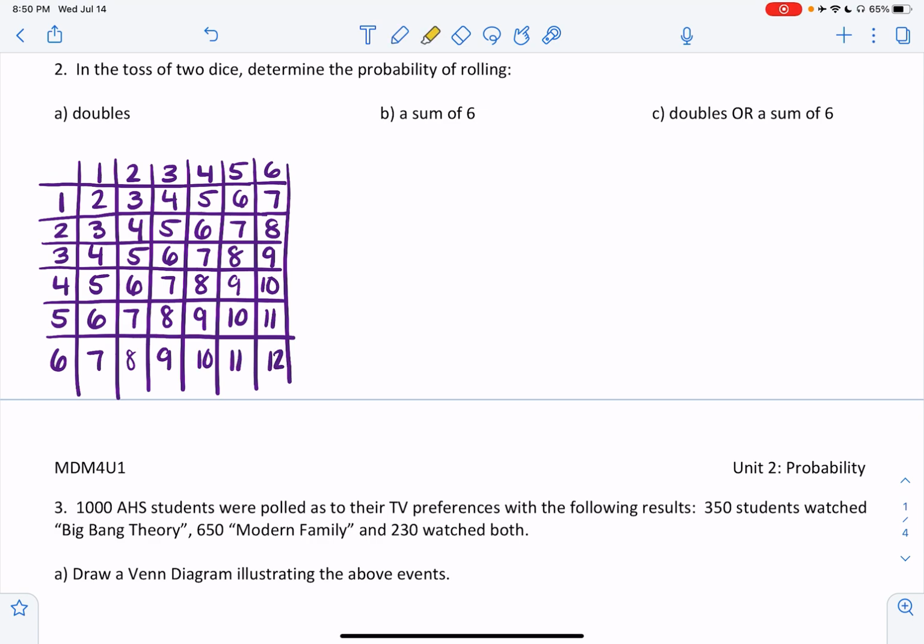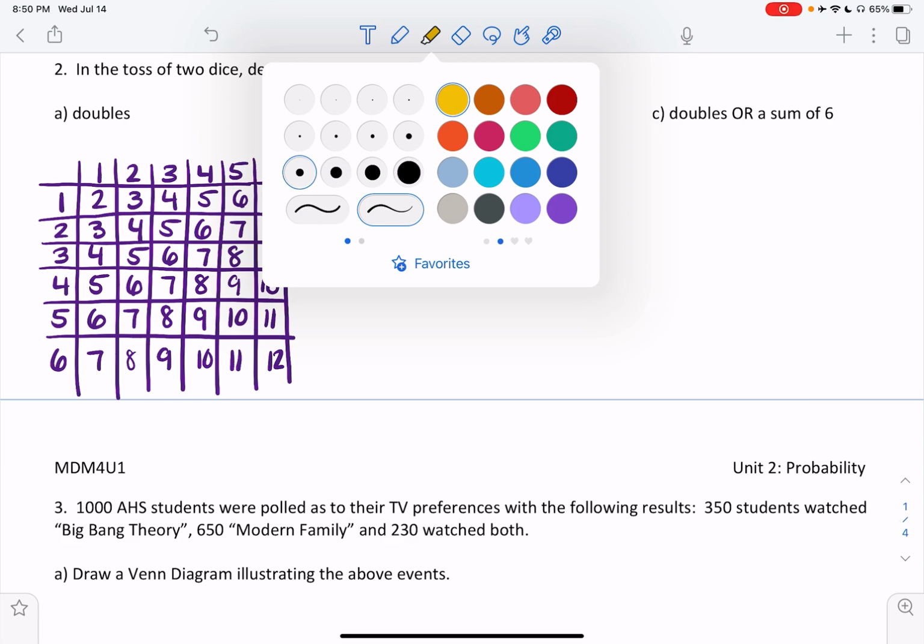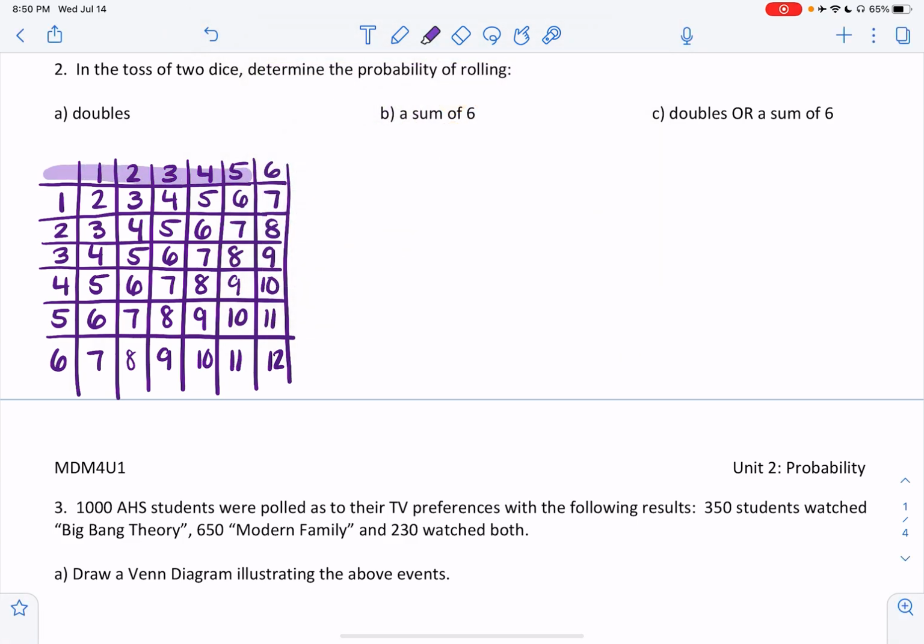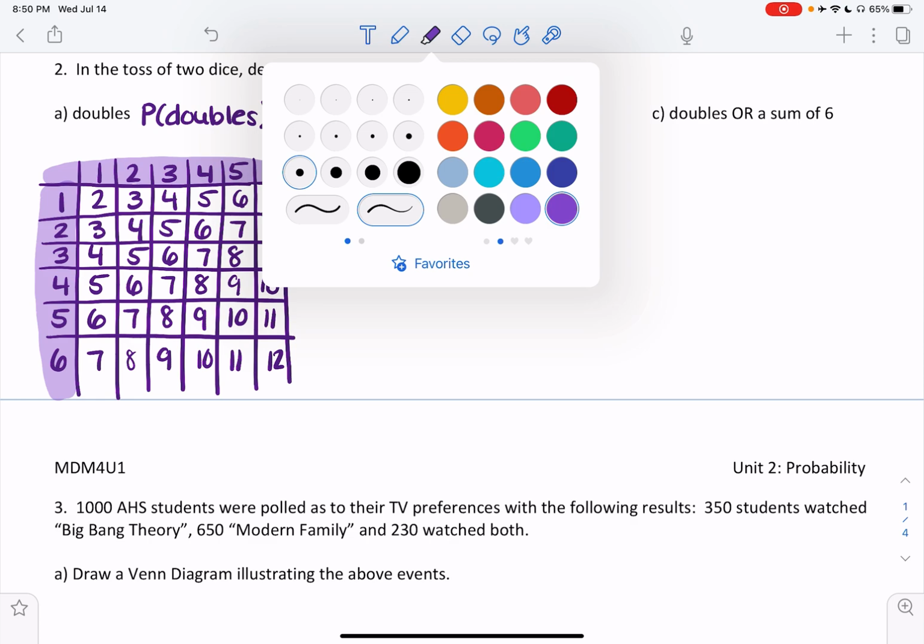Okay, so we're looking for the probability of rolling doubles here, which is pretty easy to find now that I have all of my outcomes all laid out. So my probability of doubles, I'll look to see how many doubles we have here.